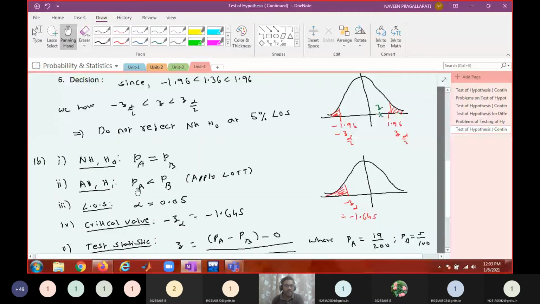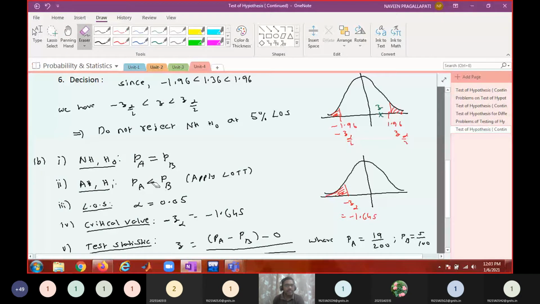So we would like to say that the number of defectives here, proportionately, are more, no? When you observe here, then you have to apply right one tail test.